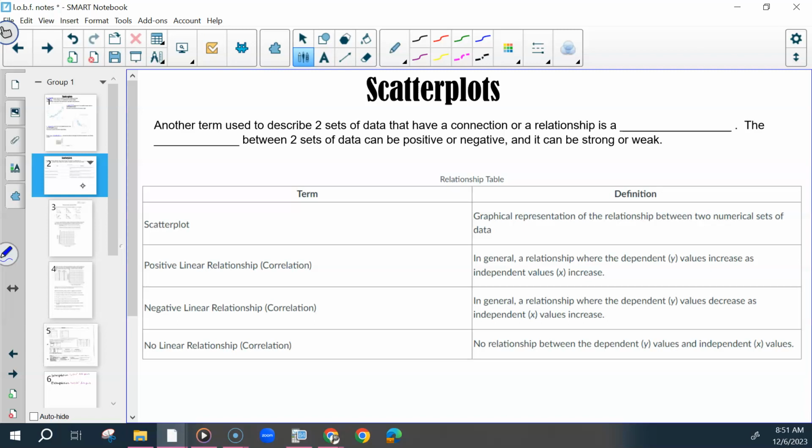Another term used to describe two data sets that have a connection or relationship is a... this table might help. Not really a relationship. Just one word.